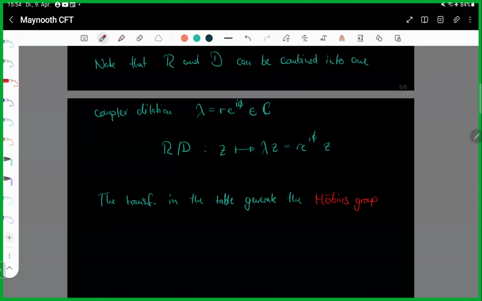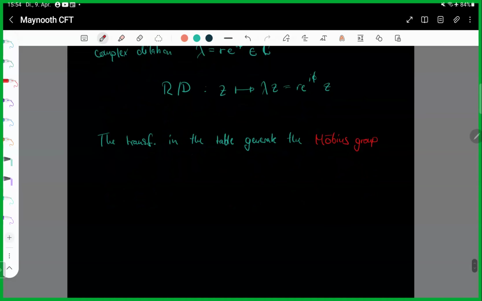And for the Möbius group, I give an argument in the notes, but let me first phrase the Möbius group, and then I'm going to tell you an argument that you can read up on in my notes or you can just re-listen to this recording.